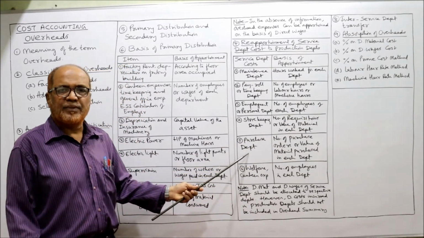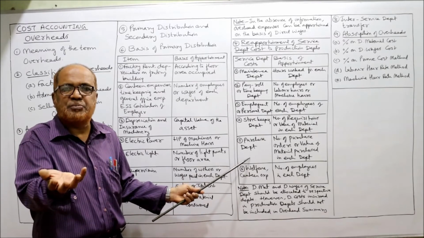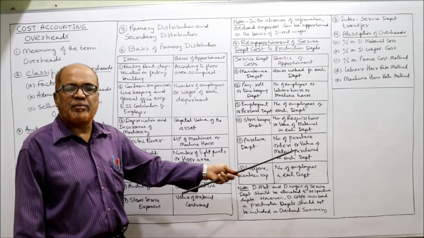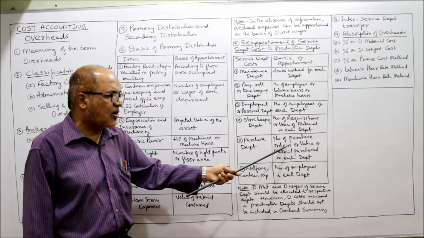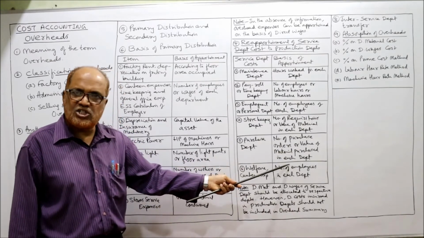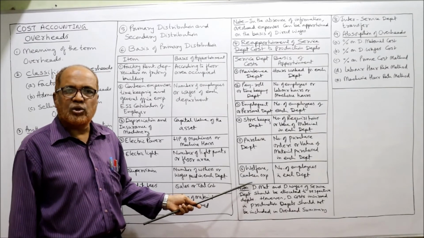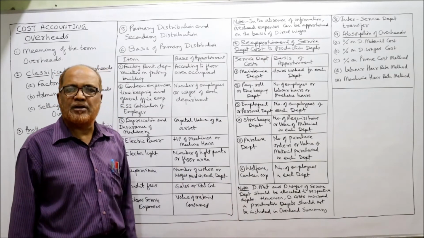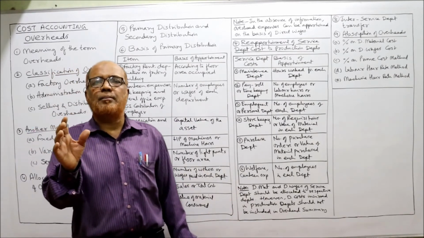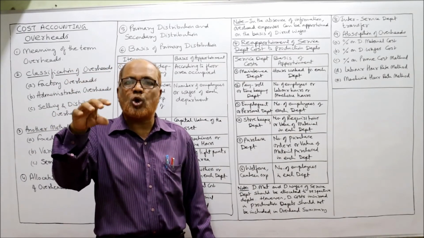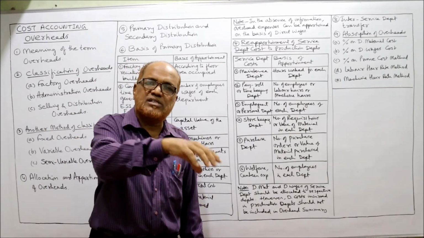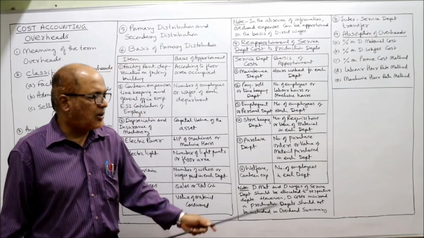Purchase department: the total of the purchase department will be apportioned on the basis of number of purchase orders or the value of material purchased in each department. Next one, welfare, canteen expenses: we'll find out number of employees in each department. So these are the normal principles of reapportioning the service department overheads back to production departments.